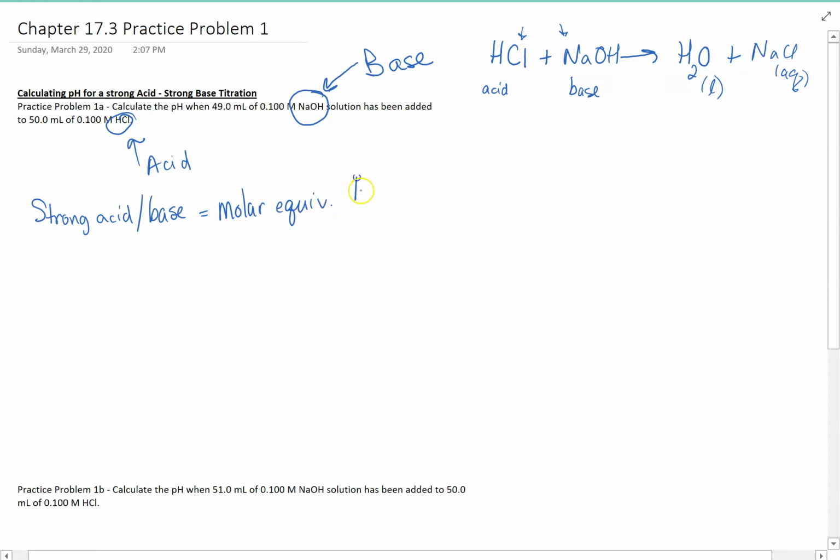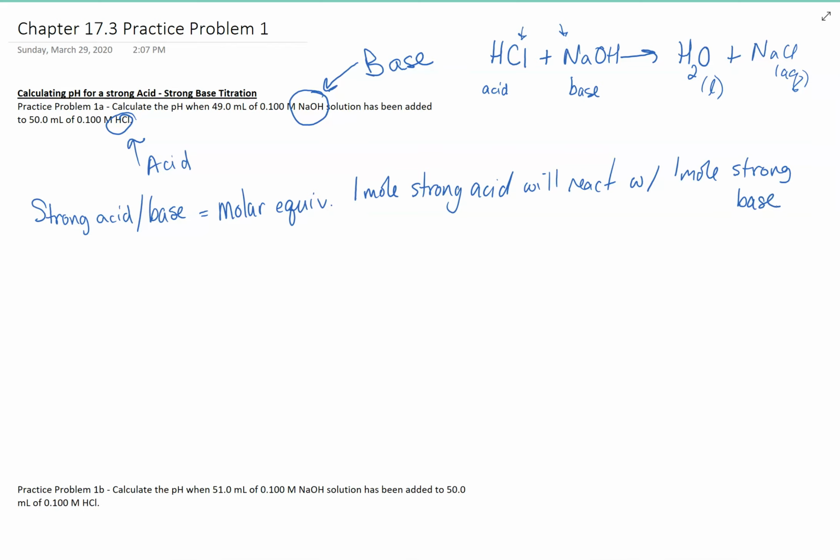So, in other words, 1 mole of the strong acid will always react with the same exact amount, so 1 mole of the strong base. 1-to-1 reaction. In this particular case, if we were using a strong acid that had 2 protons, maybe things would be a little bit different, but for now, this is what we're sticking with.